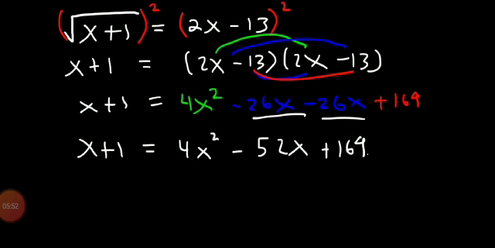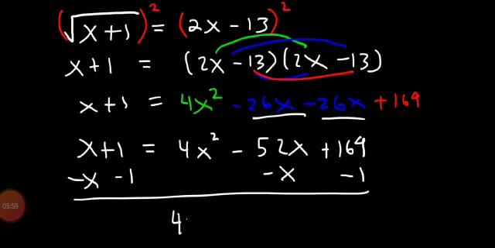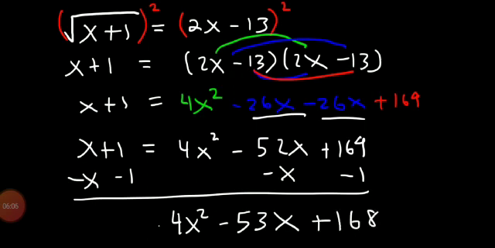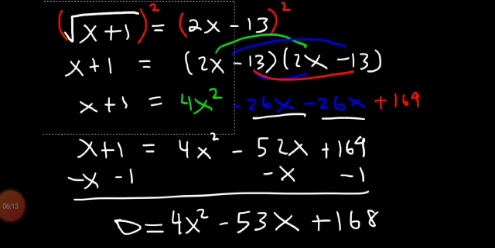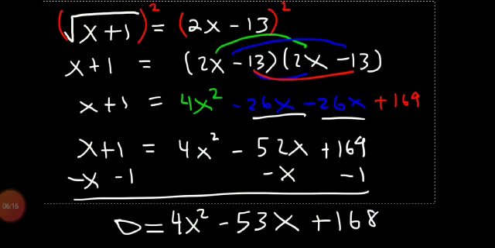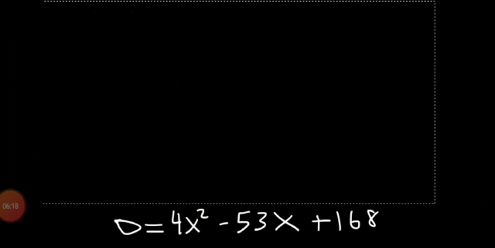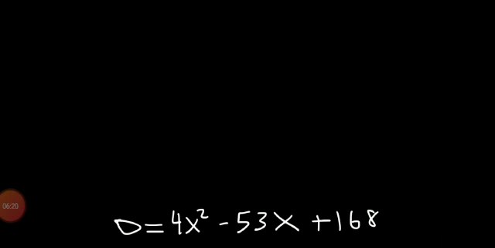We are adding it because both have the same sign, and the same sign we have to use with 52. Positive 1 and x, these two values we can solve with 52 and 169, and on the left hand side only 0 is there. Now this is the standard form of the equation, and it will become a quadratic equation with highest index power 2. 4x square minus 53x plus 168 is equal to 0.